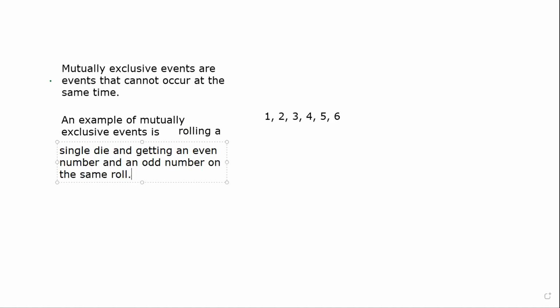You can't get an even number and an odd number at the same time, right? We're going to see more examples of this when we continue.